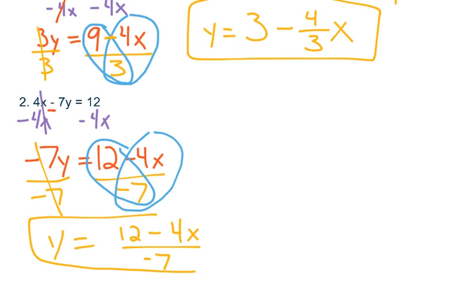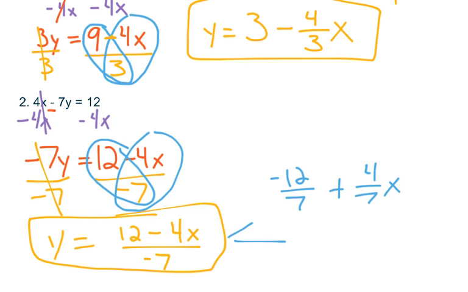This is a perfectly acceptable answer. It looks clean, it's all simplified, and there's nothing else you can really do other than split it into two parts like we did up here. If you wanted to write it as negative 12 over 7 plus 4 over 7x, you could do that, but I almost think this way looks better for a final answer.